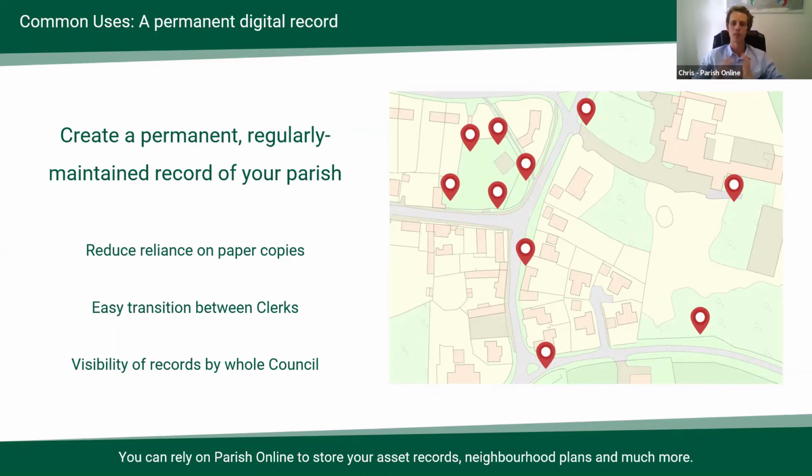So you can create that permanent record and regularly maintain it as you need to, reduce your reliance on paper copies. You've got that easy transition between clerks and councillors as they come on and off the ship. And it gives you a visibility of your records by the whole council.